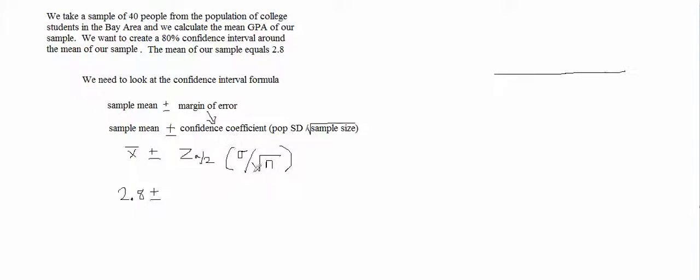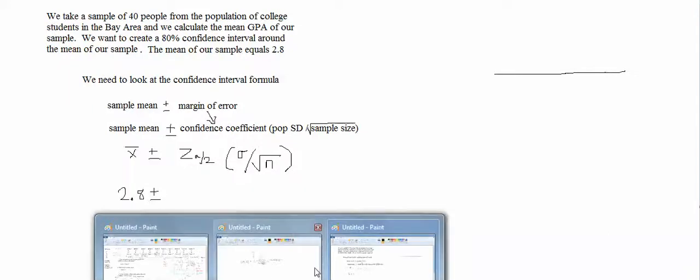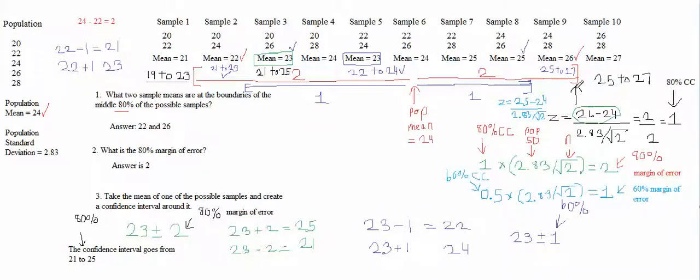What about the population standard deviation and the sample size? Well, we'll worry about that later. We need to get our confidence coefficient. If we want the 80% margin of error, we need the 80% confidence coefficient, which is the z-score at the upper boundary of the middle 80%, which was right here, and it turned out to be 1.